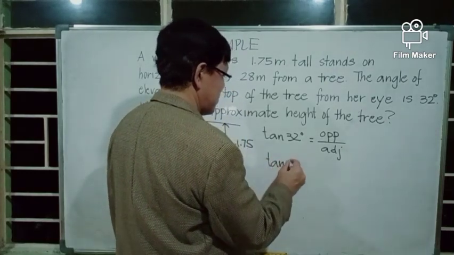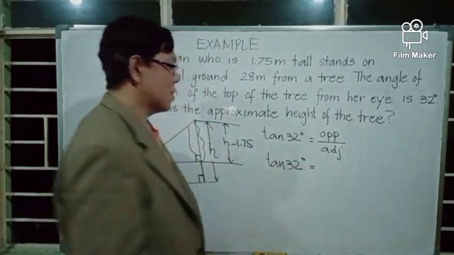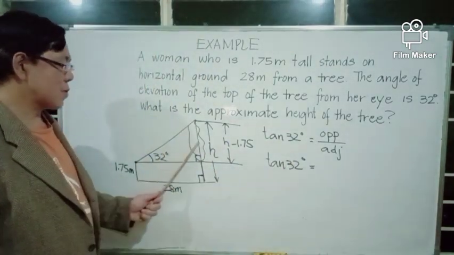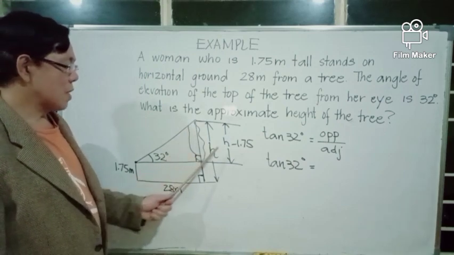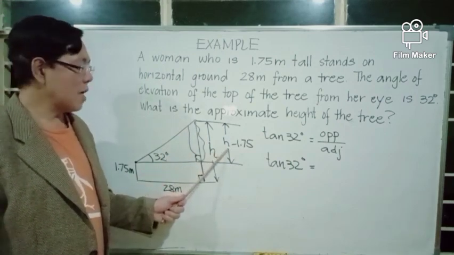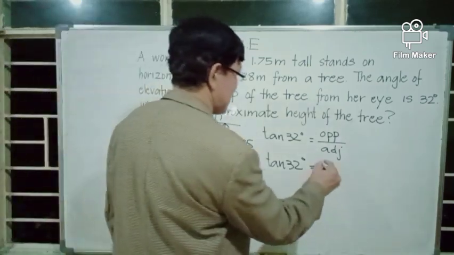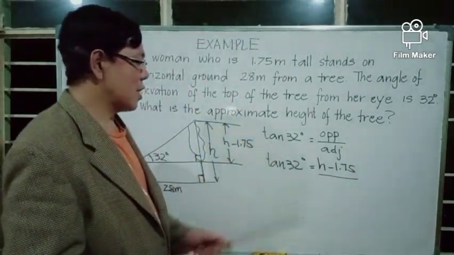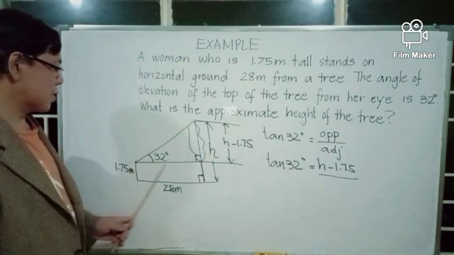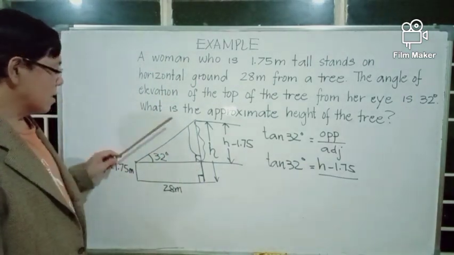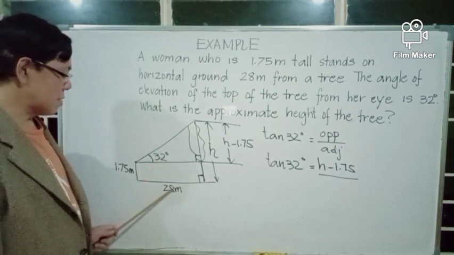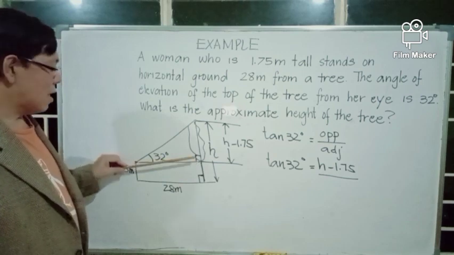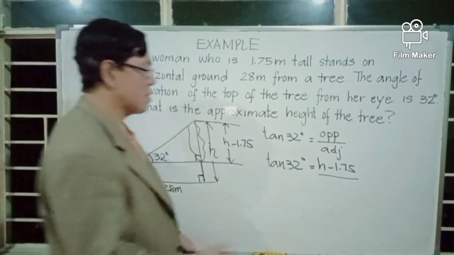The side opposite 32 is this side, whose length is h minus 1.75, divided by the side adjacent to 32, which has a length of 28 meters.